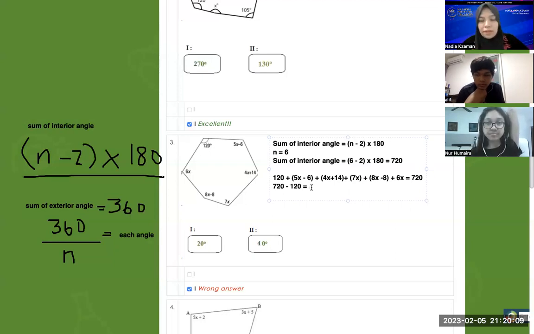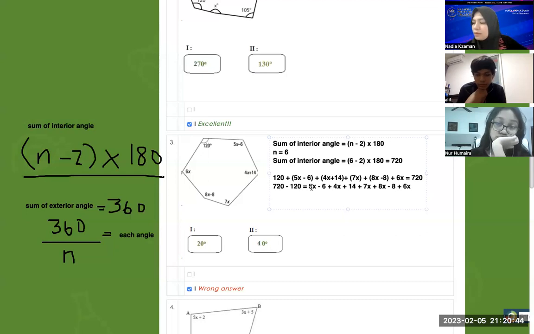I open all the bracket, will become 5x minus 6, and then we have 4x plus 14. Then we have 7x, and then what do we have here? 8x minus 8. And we have 6x.